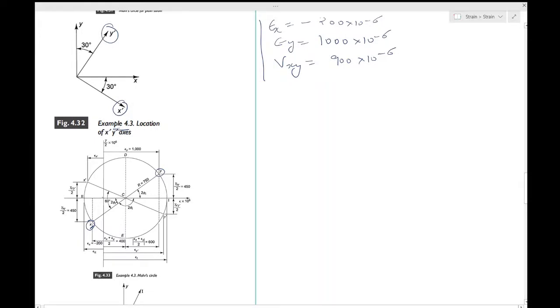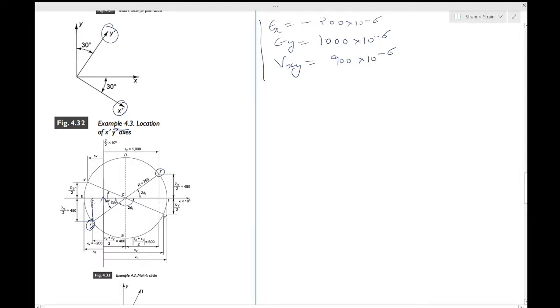So this is the origin, and because your Ex is negative, it will go to this point, minus 200. Then you have gamma by 2 as 450, which is positive, so that's how we know that it is actually below the E axis. So the point X is located like that.